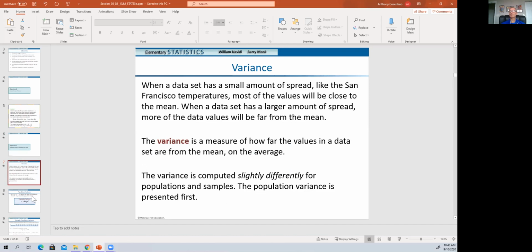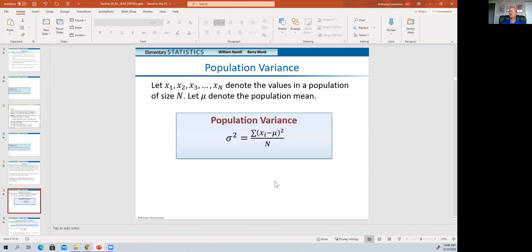So the book talks about population first. And the idea is, and this is a fancy mathematical equation, excuse me, but the equation basically states that the mean is the mu, that weird looking u, the Greek letter u. And basically you take that and you subtract that from each data point.